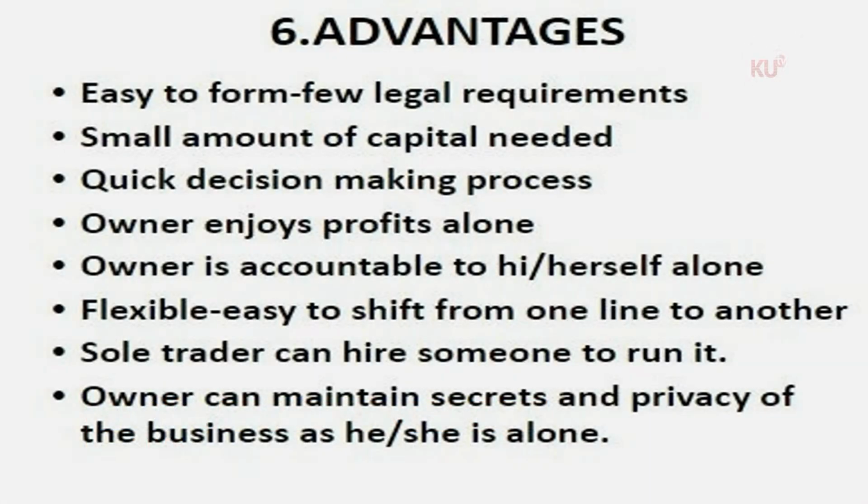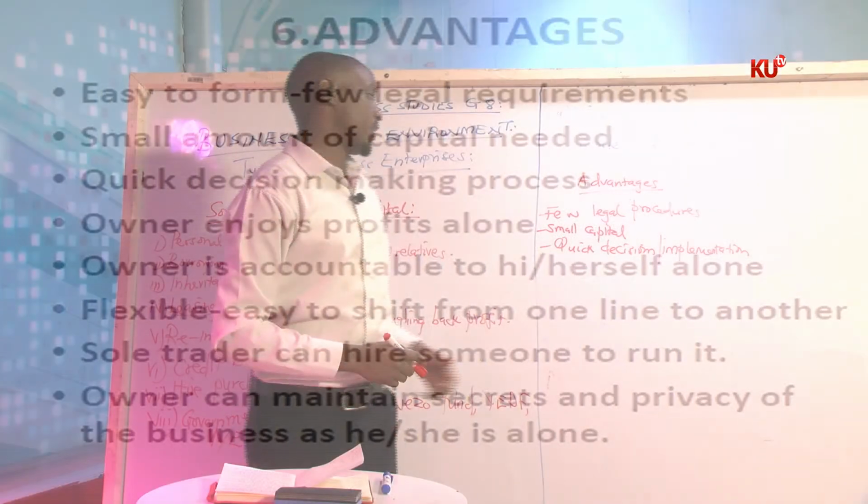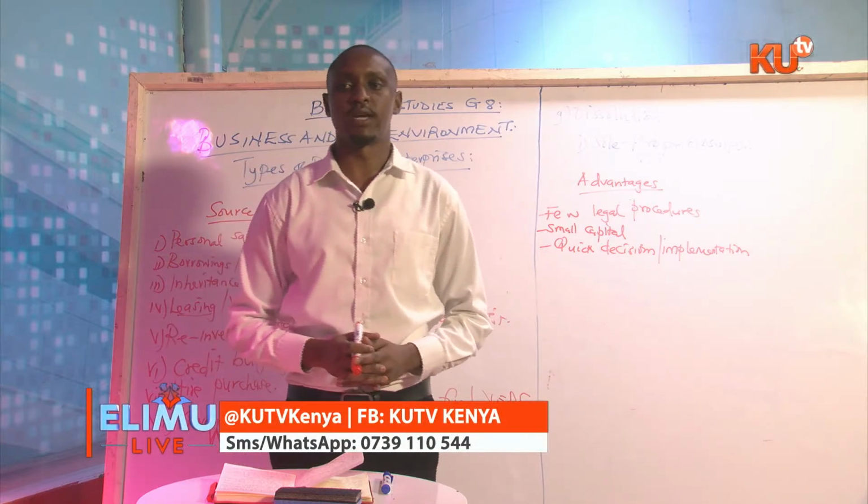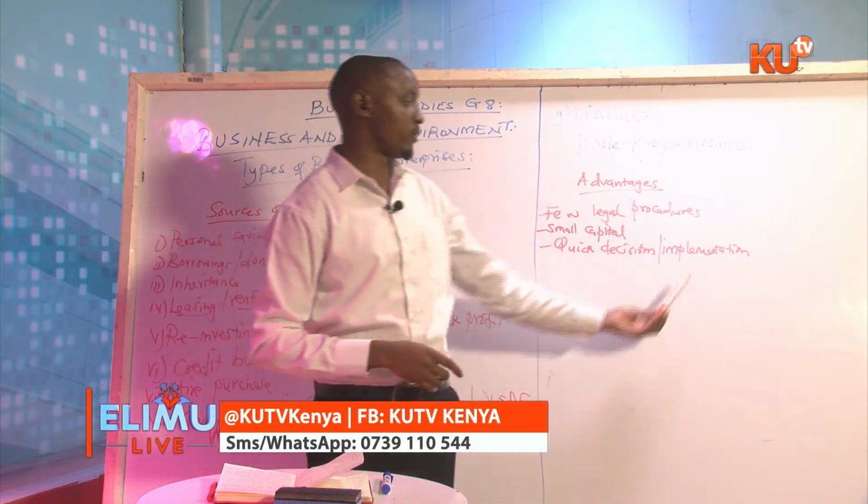Then number 3 is the quick decision-making process, with quick decision and implementation. Since the business is run by a sole trader, this person does not need to consult anybody when they want to make a decision or implement something.